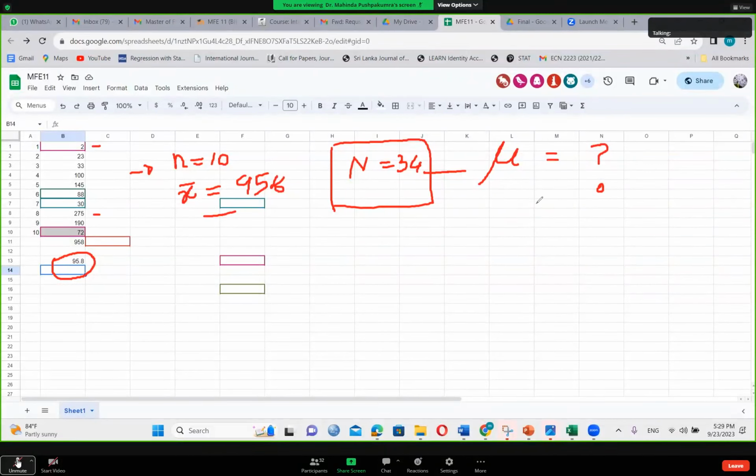Then his argument is that the population mean is also 95.8. His argument is this sample represents the population, so he can conclude the population mean is also equal to 95.8.